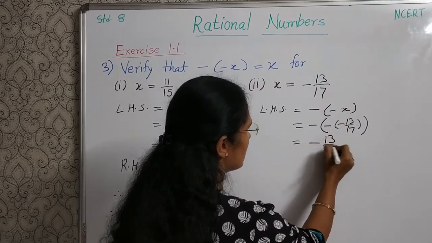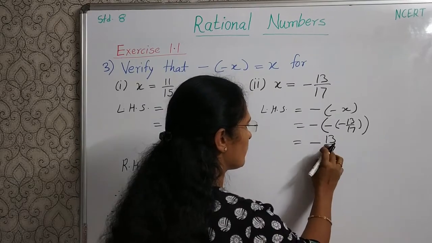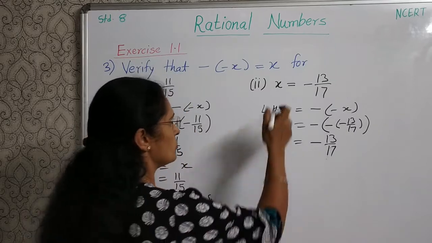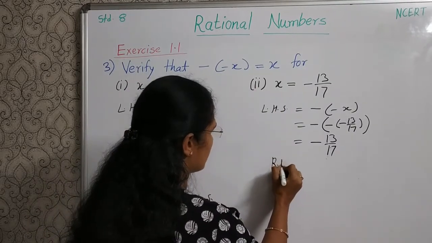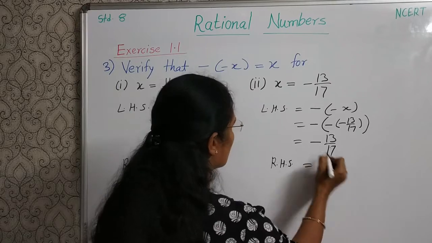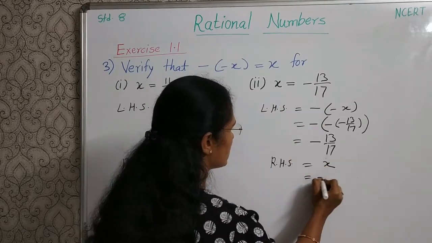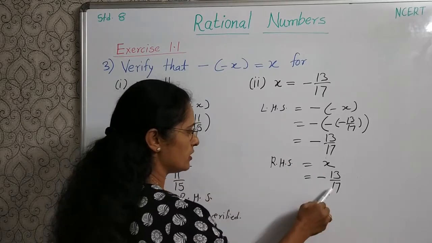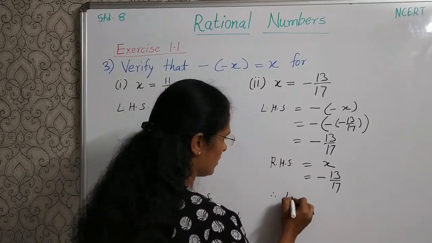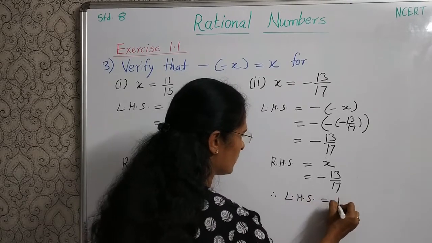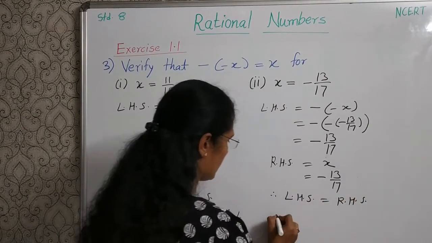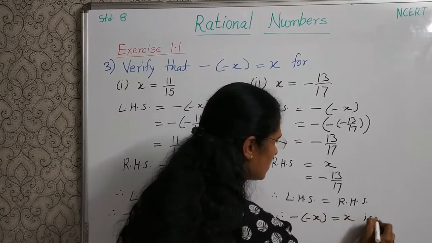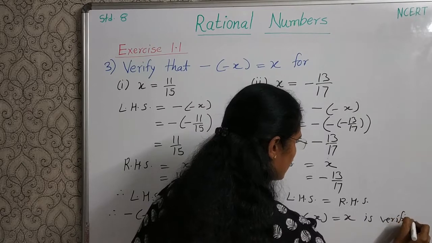So minus 13 by 17 is the left hand side part's answer. Now RHS, right hand side, is x. So put the value of x, which is minus 13 by 17. Again see, LHS answer and RHS are the same. Therefore LHS is equal to RHS, and therefore minus of minus x is equal to x is verified.